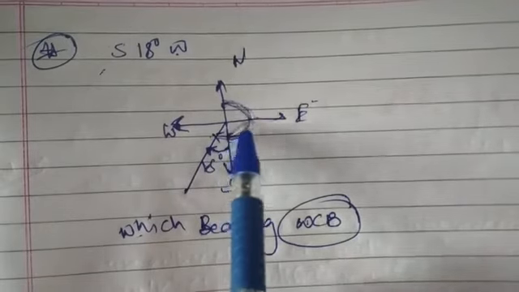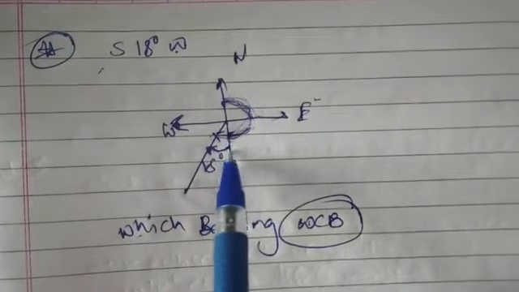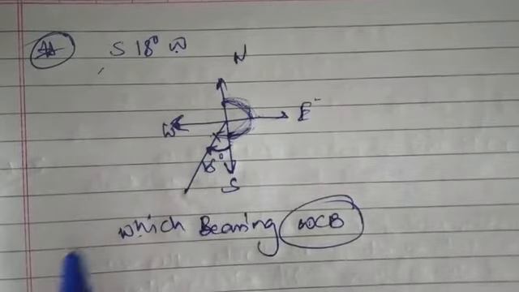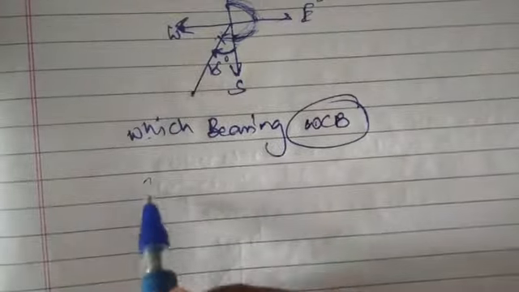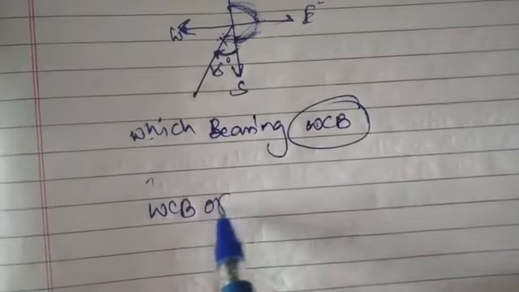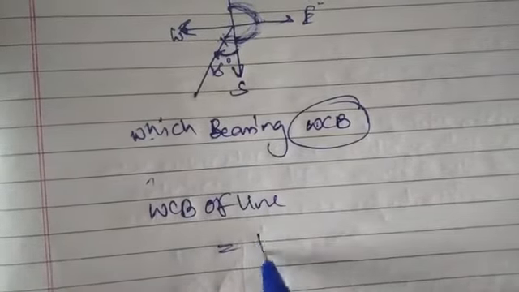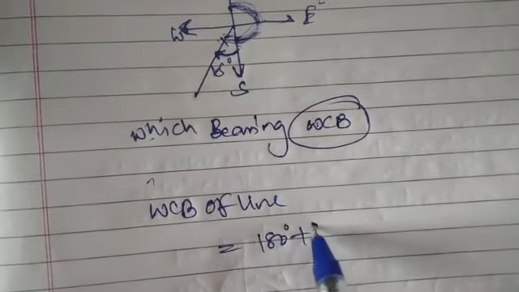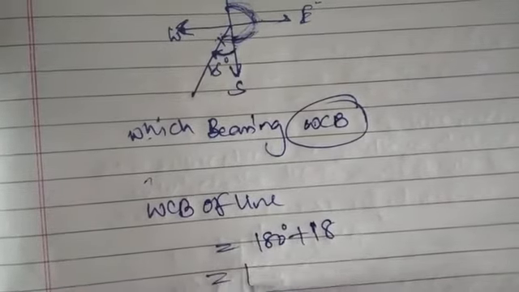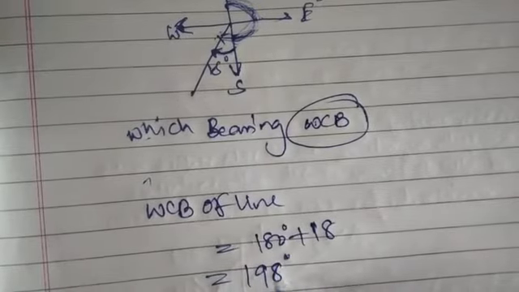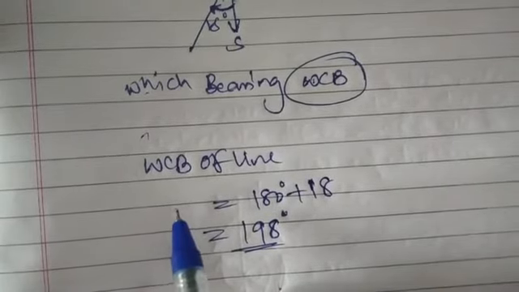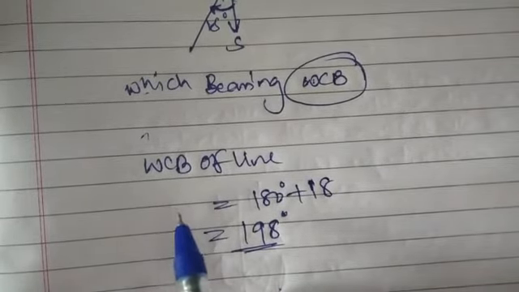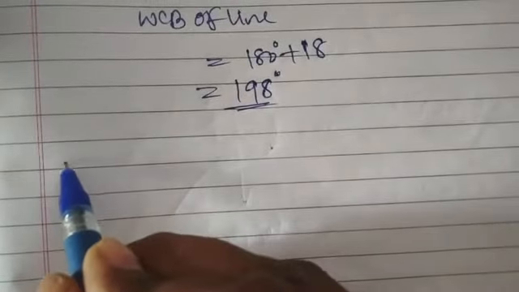So this will be 180 degree, and this is an additional 18 degree. So the whole circle bearing of the line will be 180 plus 18, which means it is 198 degree. This is how we calculate the whole circle bearing from the quadrantal bearing. Now let's see some complicated cases.